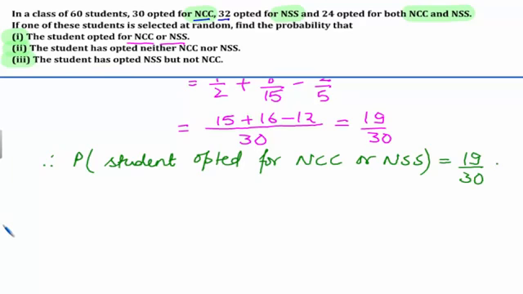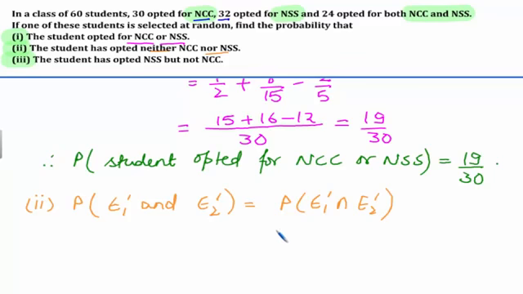Now let us proceed on to the second part. In the second part, we have to find the probability that the student opted neither NCC nor NSS. That is, we have to find not E1 and not E2. So this is equal to probability of not E1 intersection not E2.